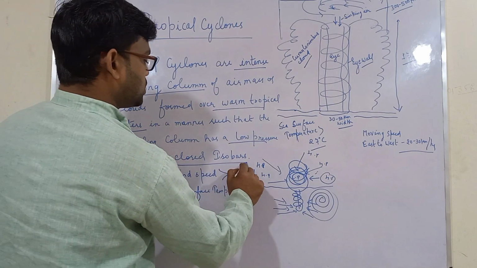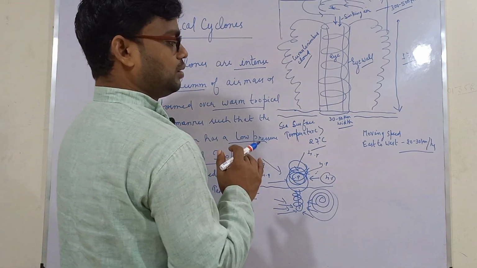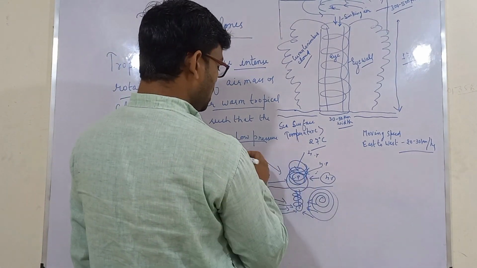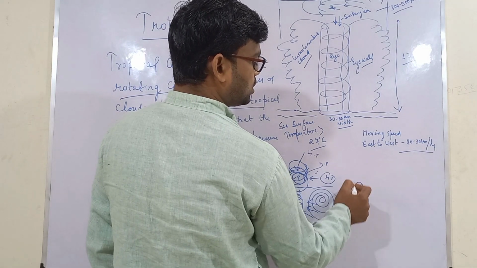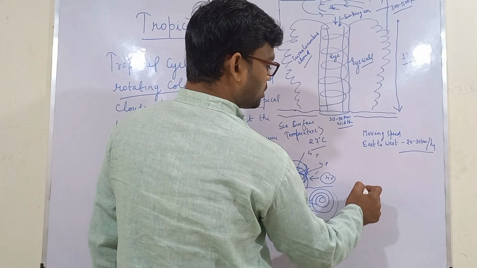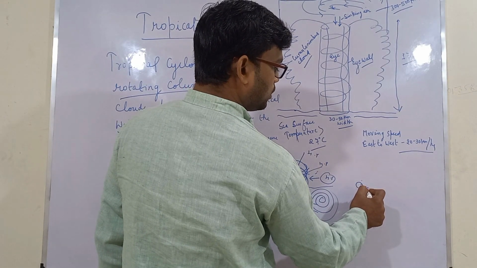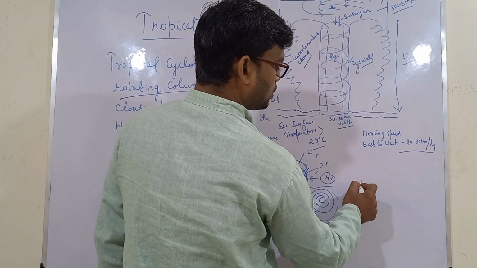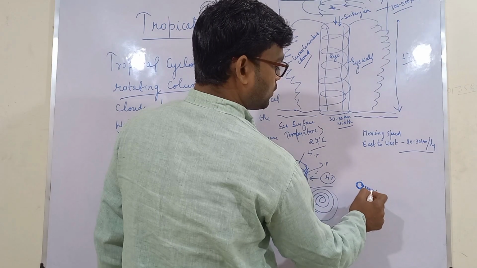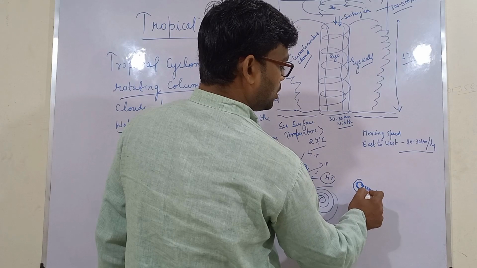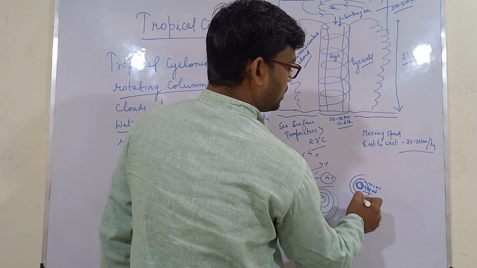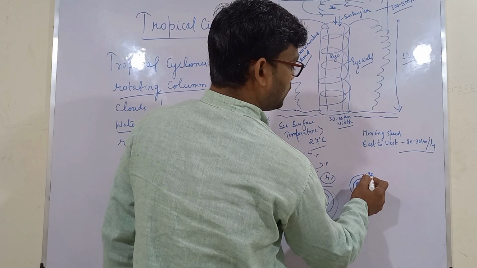Okay, and closed isobar: isobar means regions with similar air pressure. Closed isobar here means, for example, if this is one place with an air pressure of 950 millibar, then all the points will have an air pressure of 950 millibars, and very next to it will be 951 millibar, then 952 millibar.